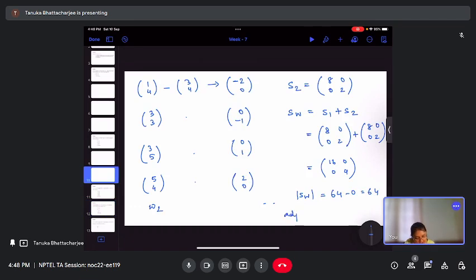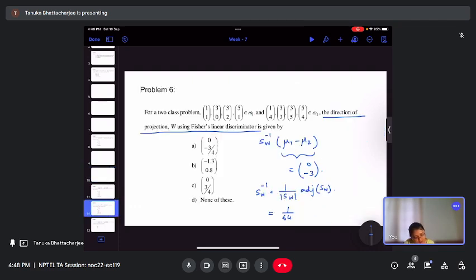If you take the adjoint of SW, you have the cofactor matrix [[4, 0], [0, 16]], and the transpose of this. If you put that, it will be [[4, 0], [0, 16]]. So you have 1 by 64 times that, which gives [[1/16, 0], [0, 1/4]].